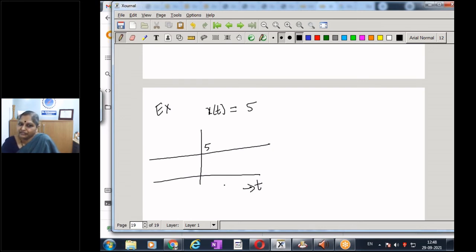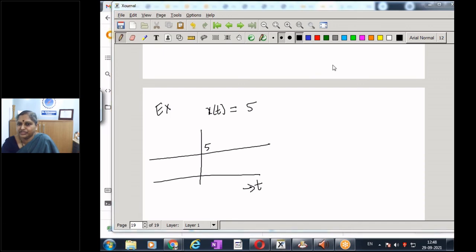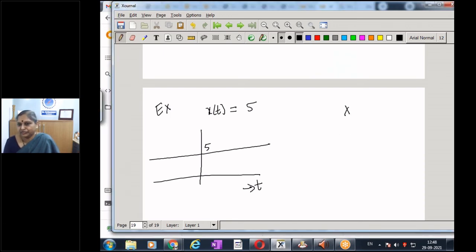So now if I have a signal which is constant and I do my Fourier transform X of omega, I think it is 2 pi delta omega. I will not give the exact expression, so you can refer to any book.